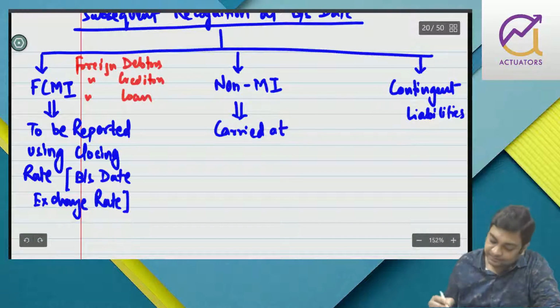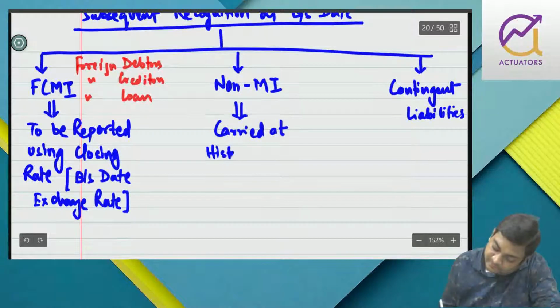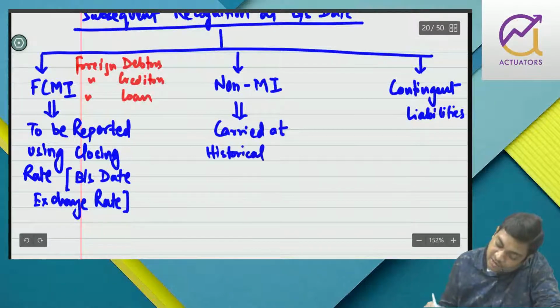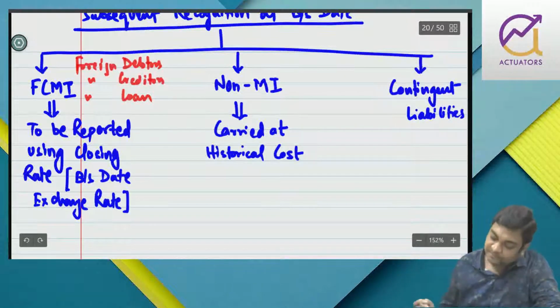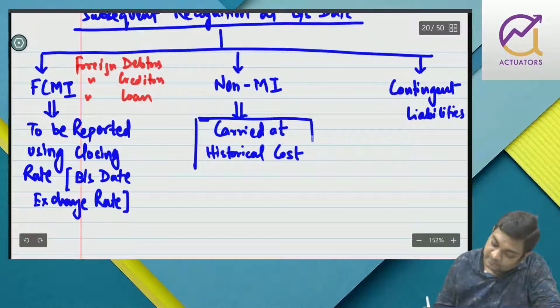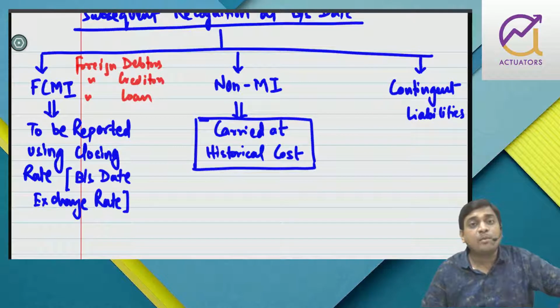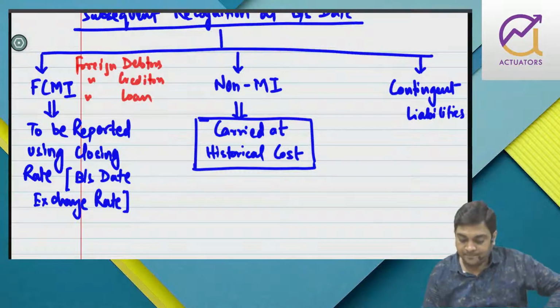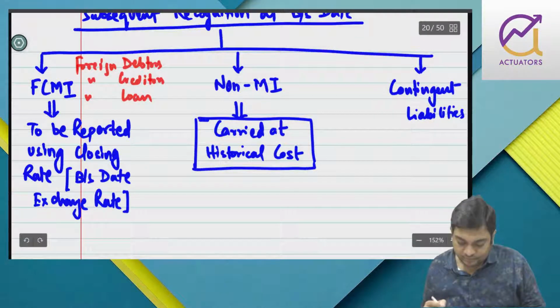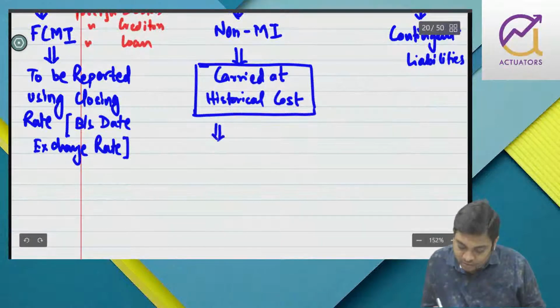Non-monetary items are carried at historical cost. Suppose I have purchased a fixed asset from a foreign supplier. So what will be the entry?